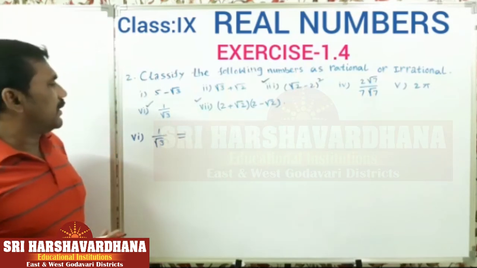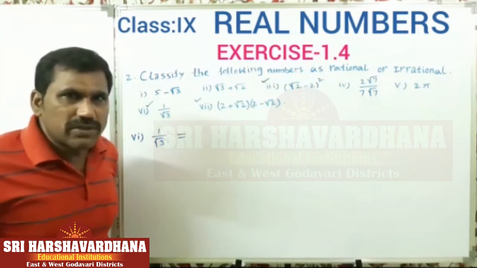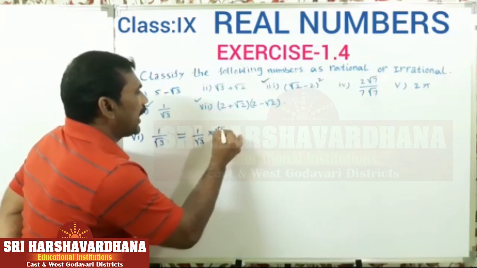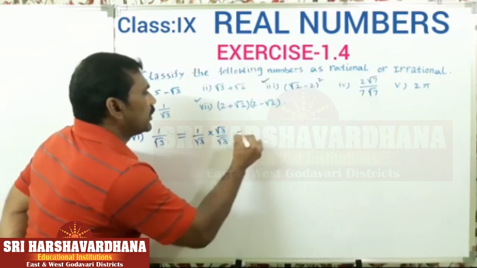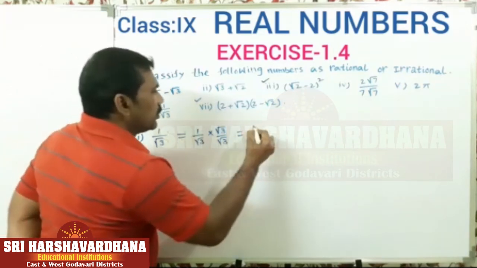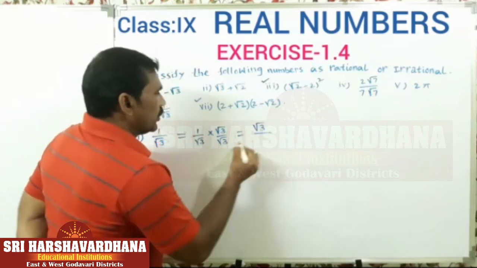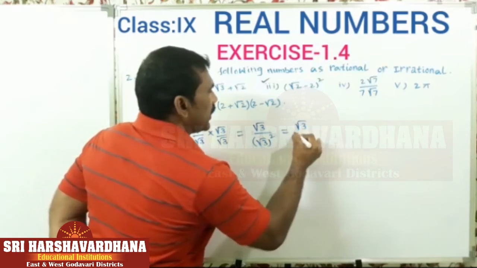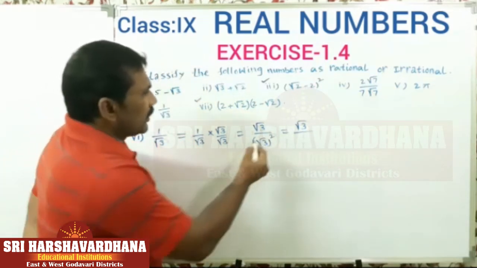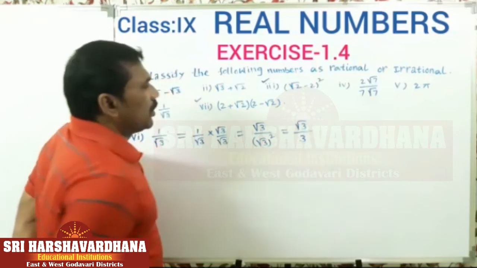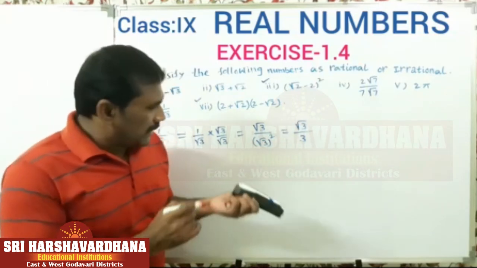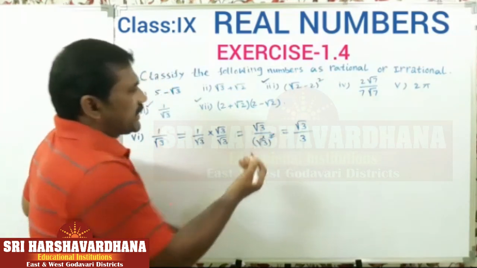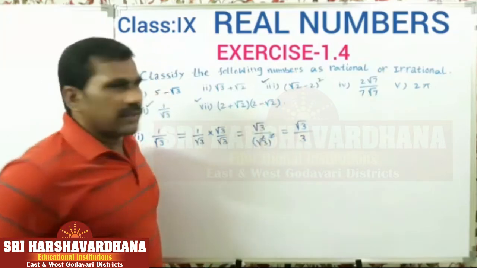To make the denominator free from square root, we multiply both numerator and denominator with root 3. Right? 1 into root 3, root 3. Root 3 into root 3, root 3 square. Right? So, square and root will be cancelled. The number is 3.